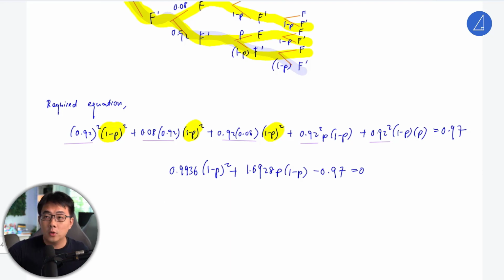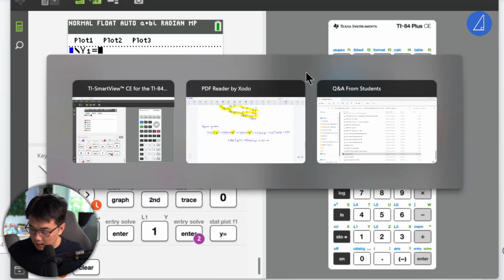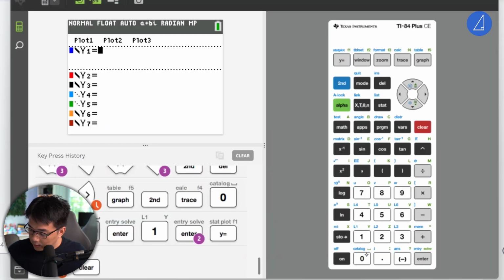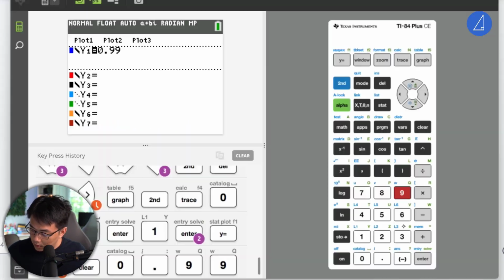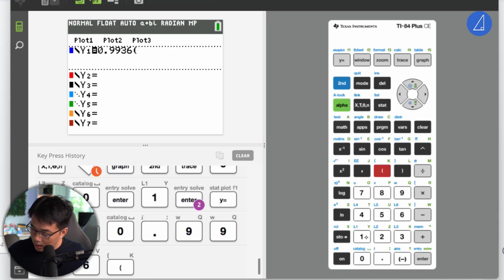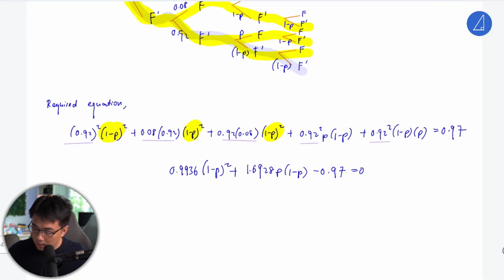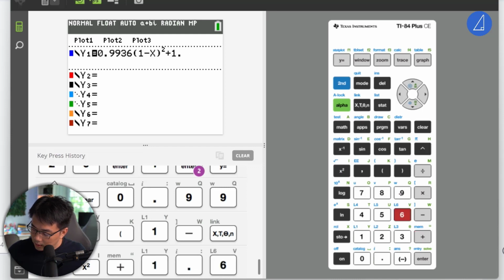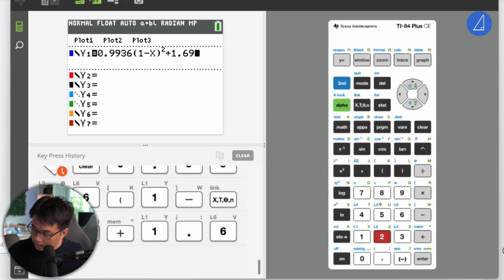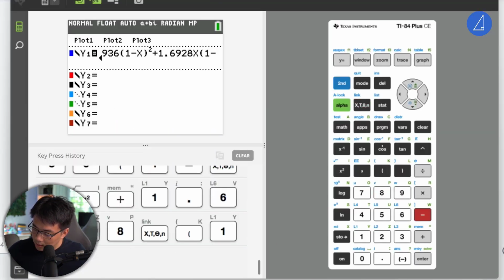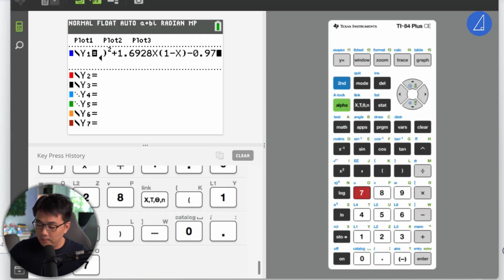Remember, just go to function Y, then key in P as my x: 0.99361 (1 minus x) squared plus 1.6928 x (1 minus x) minus 0.97. Okay, that's it.